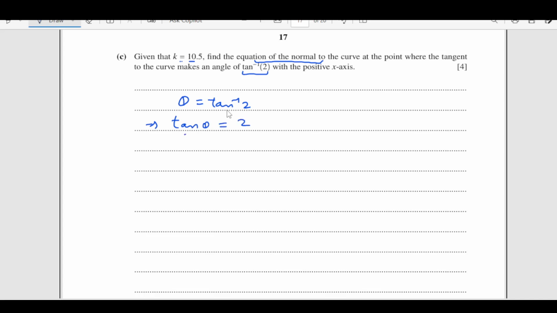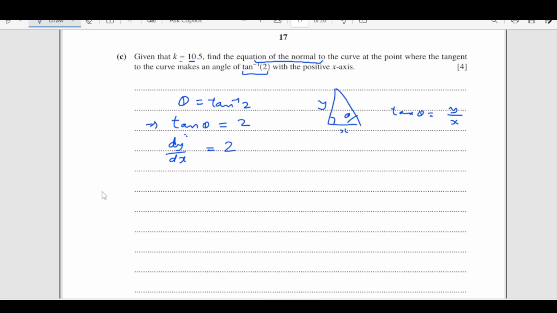So what is tan theta? We are looking here at a right angle triangle. If this is x and this is y, and this is angle theta, tan theta is y over x. Basically, it is change in y over change in x, so it is the gradient. That is what you need to figure out. That is the hardest part; if you got this, then you have a clue to do the rest.